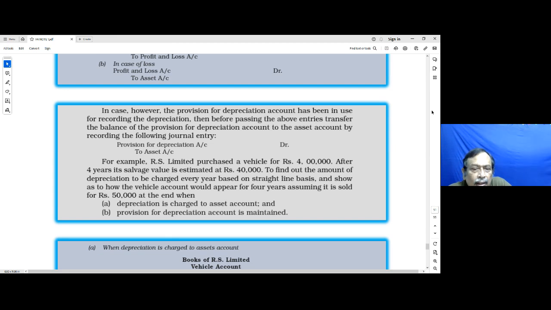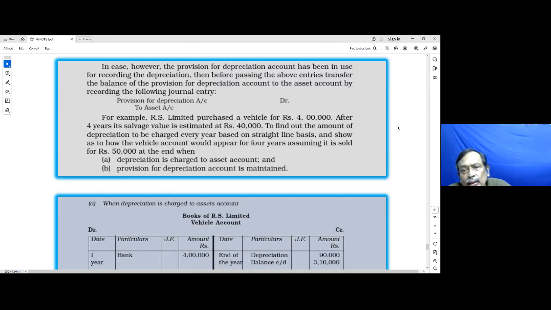Now, for example, RS Limited purchased a vehicle for rupees 4 lakhs. After 4 years, its salvage value is estimated at rupees 40,000. Salvage value means scrap value.